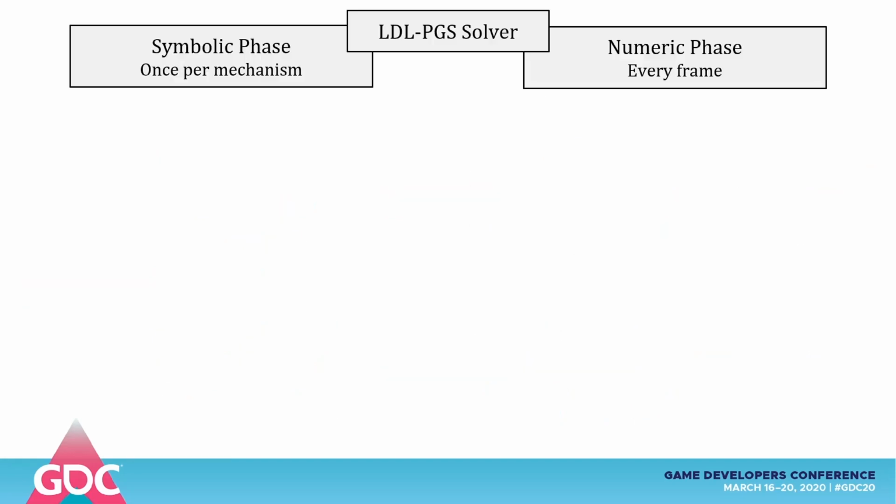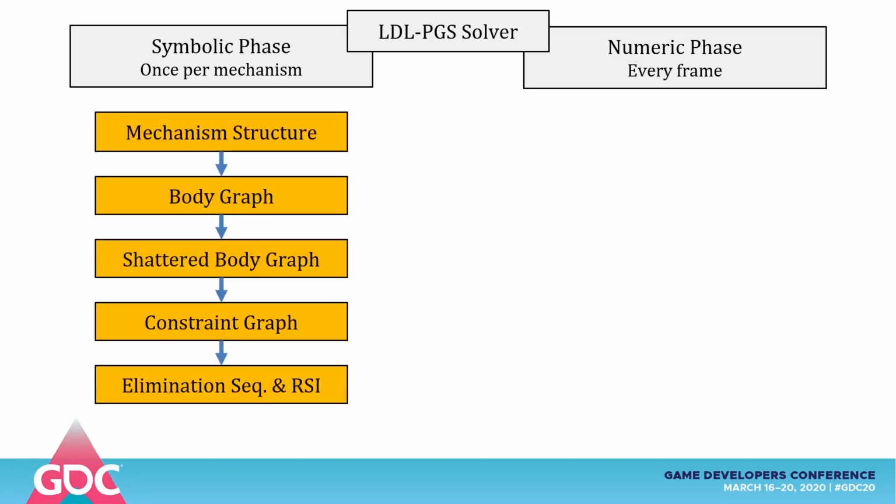Since we're now near the conclusion of this talk, let's put all the ingredients of the LDL-PGS solver together. For every mechanism, we have 2 phases: the symbolic phase that needs to be executed only once, and a numeric phase that runs every physics frame update. The symbolic phase takes as an input the structure of the mechanism, which is the connectivity data between bodies and constraints, and produces the elimination sequence, or the LDL program.